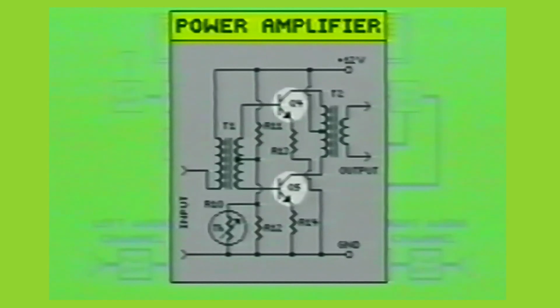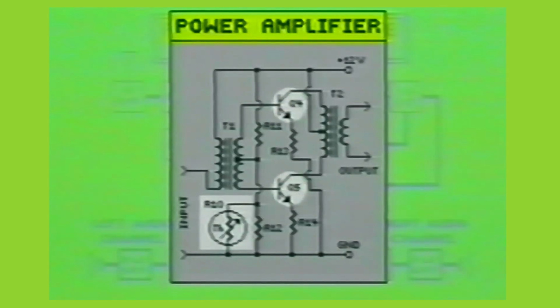Resistor R10, a negative temperature coefficient resistor, is used to regulate the current flow supplied to the bases of Q4 and Q5 through the center tap of T1's secondary winding. R10 will be physically mounted on both transistors Q4 and Q5 to ensure proper heat sampling.